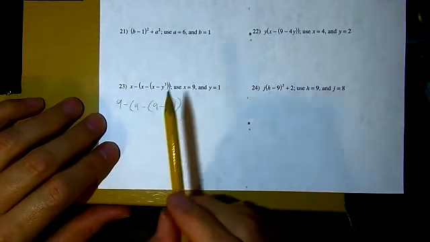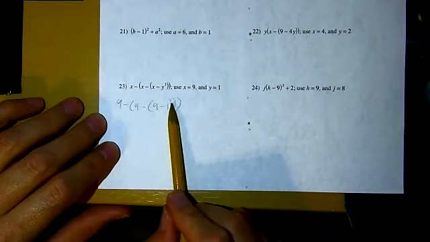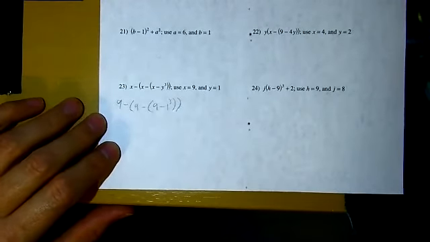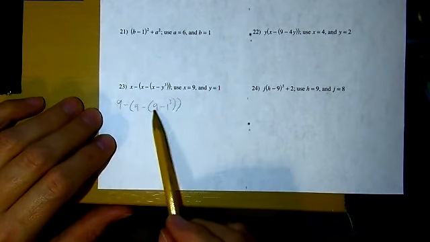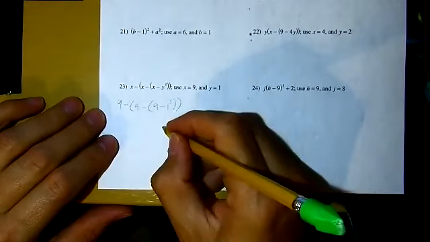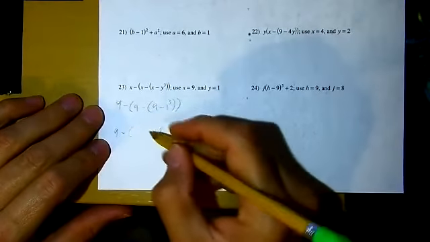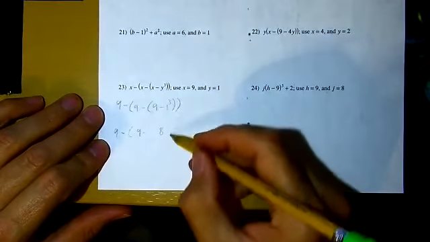So the first thing you do, remember this cubed isn't on the outside, so you got to cube first. And I just told you from that previous problem that 1 raised to any whole number is going to be 1. So actually you can just go ahead and say 9 minus 1 is going to be 8. Now don't forget what you're bringing down and what you're not. So we didn't touch these, so they come down.